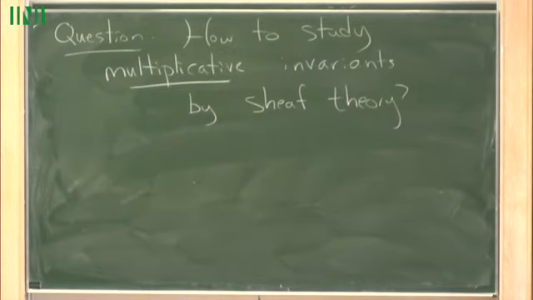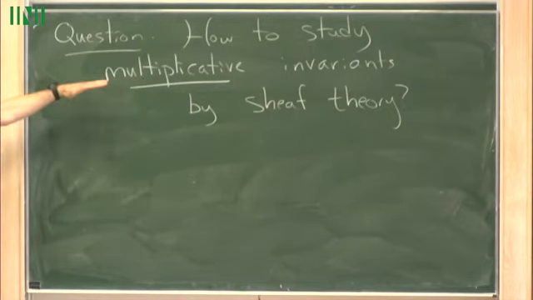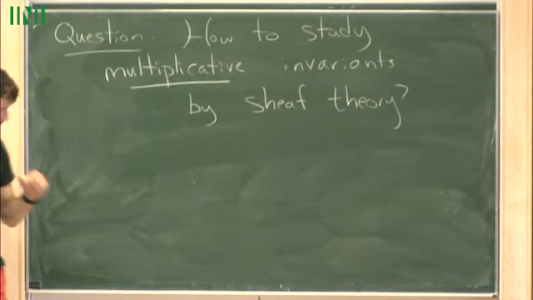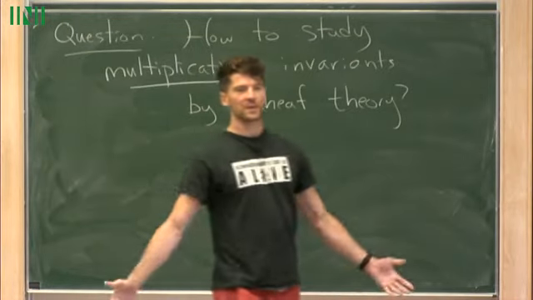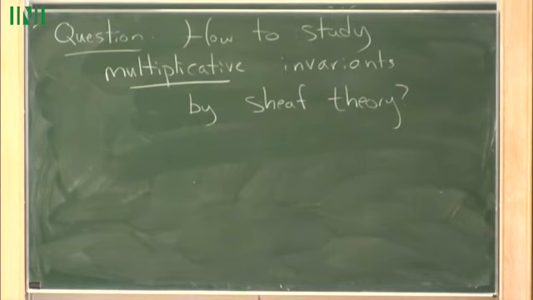So what do I mean by multiplicative? I mean an invariant, where multiplicative refers to how this invariant behaves on disjoint unions. One of the big themes of 20th century mathematics is how to study additive invariants by sheaf theory.